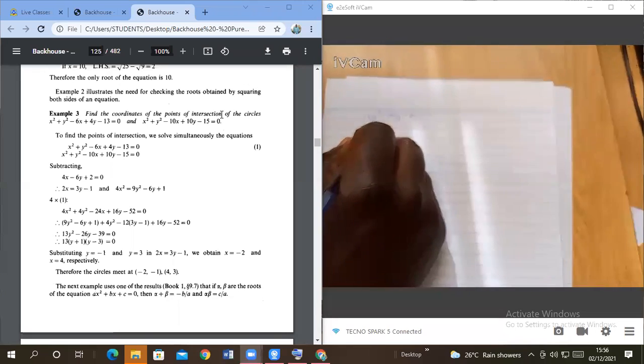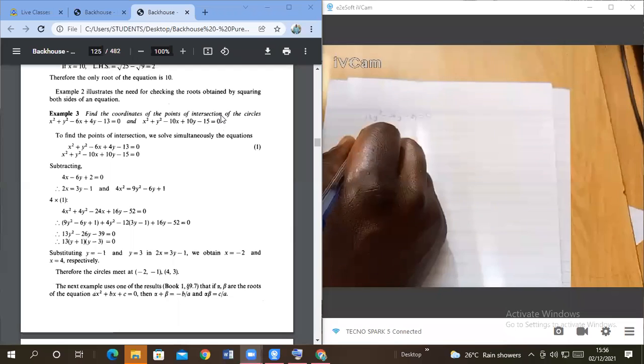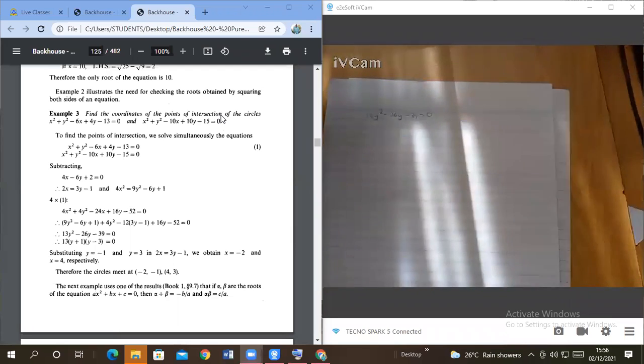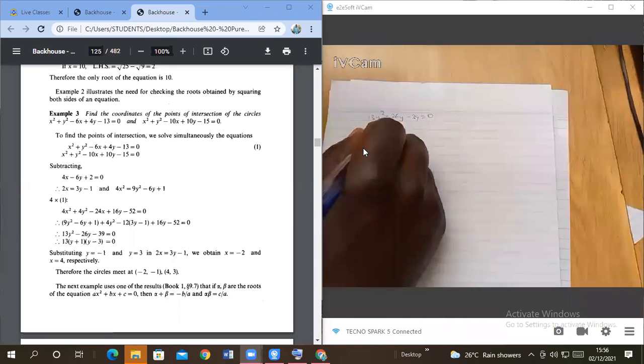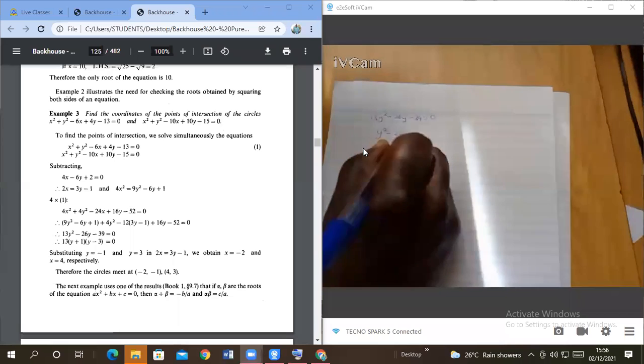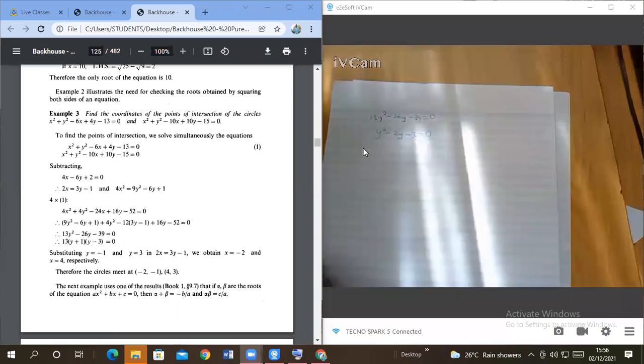Reducing by 13, what does it give us? It gives us y squared minus 2y minus 3 is equal to 0.